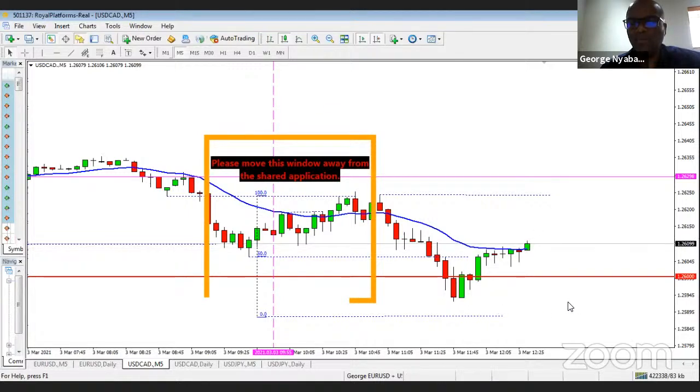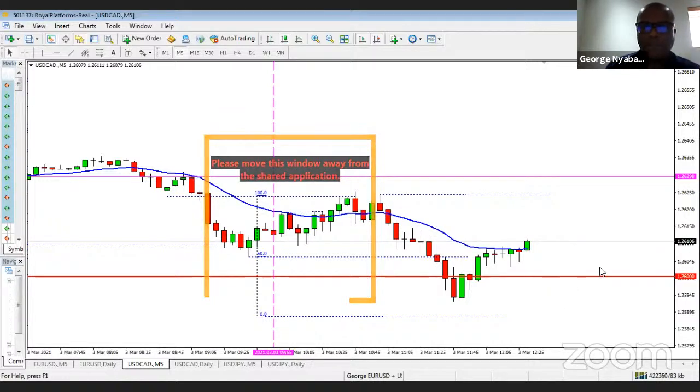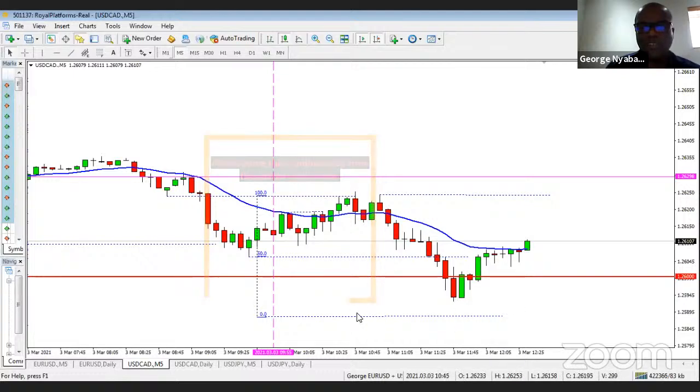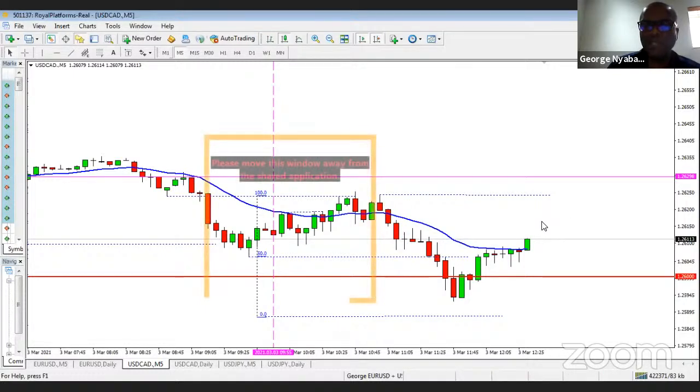We get a double bottom, and if you get a double bottom, then we can look for a higher low. That would be the best way to look at trading this, because you're at the bottom of the trading range. The market tried to break to the measured move down here, which we talked about, but it failed, which means there's good bullish pressure on the market, but nothing for us to trade at the moment.